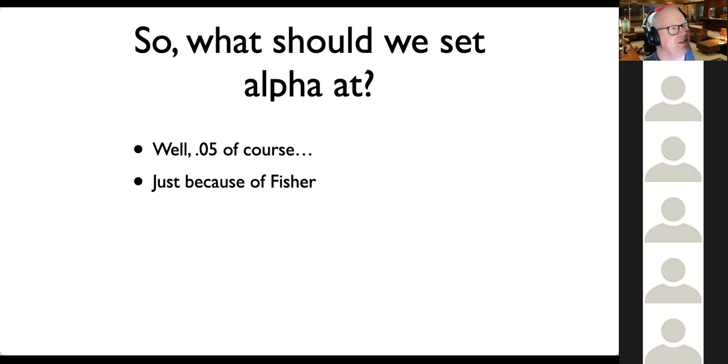He said 0.05, and Tukey was like, okay, I'll have my guys work on the same thing. Seriously. So it's 0.05 because two guys thought that was reasonable. It's intuitively pleasing too. I talked about the coin flip and all that, but it's mostly just a weird artifact of history.